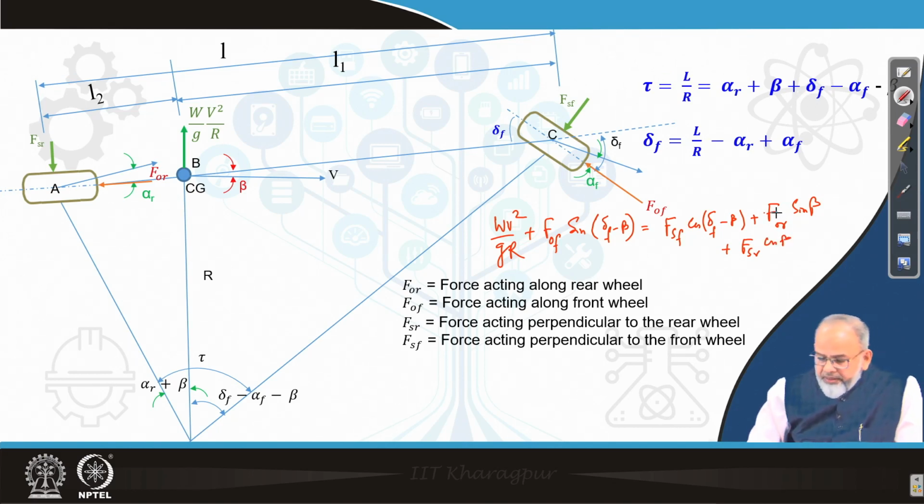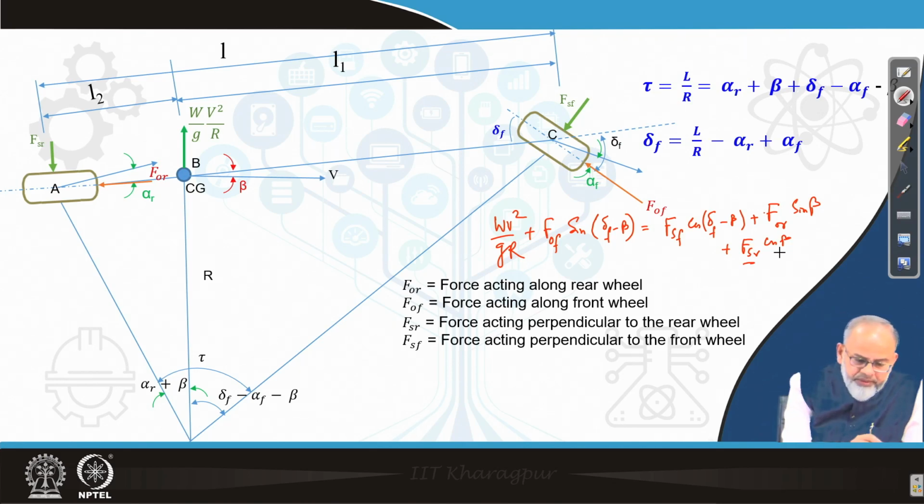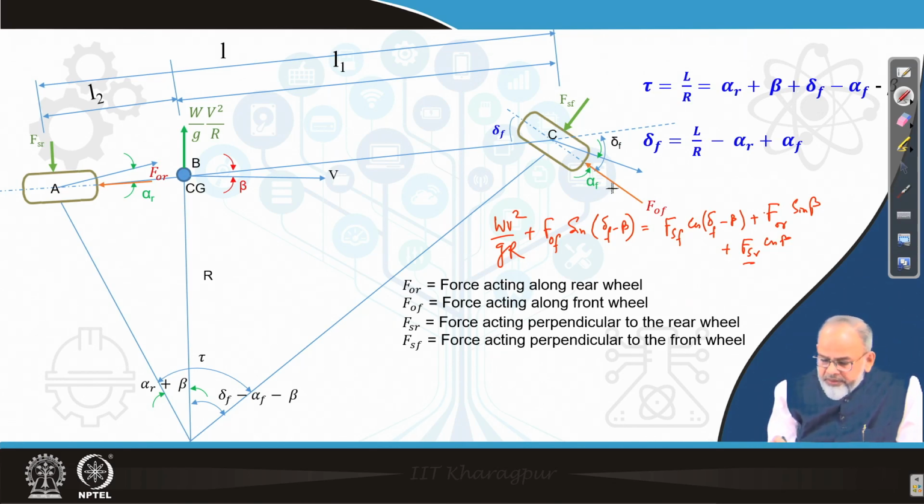So, FSR is the side force which is acting at the rear wheel, and FOR is basically the rolling resistance of the rear wheel, and FSF is the side force which is acting on the front wheel, and FOF is the rolling resistance of the front wheel.